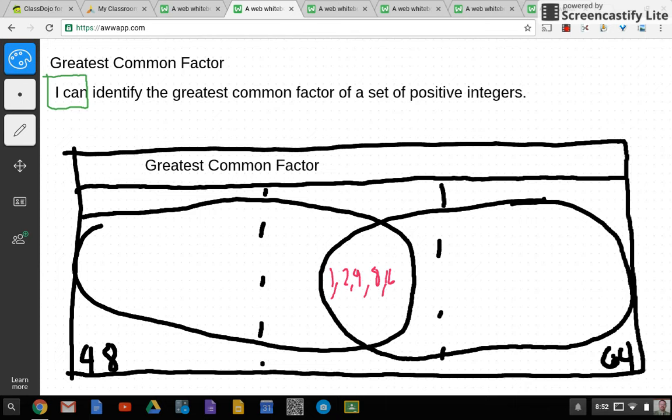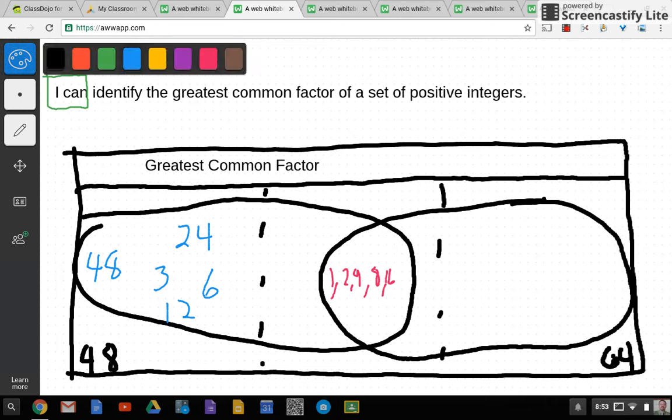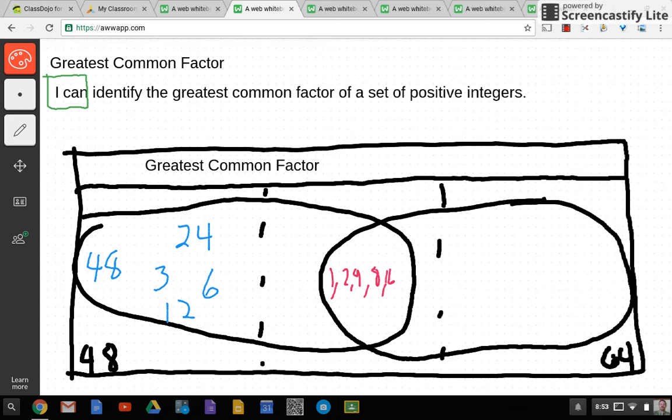So now then I've got 48 didn't make it, 24 didn't make it, 3 didn't make it, 6 didn't make it and 12, but they are factors of 48. And the factors of 64 that didn't make it were 64 and 32. Okay, so this gets the greatest common factor.